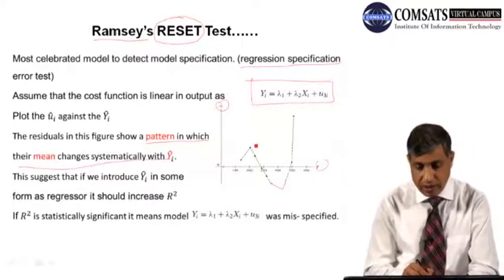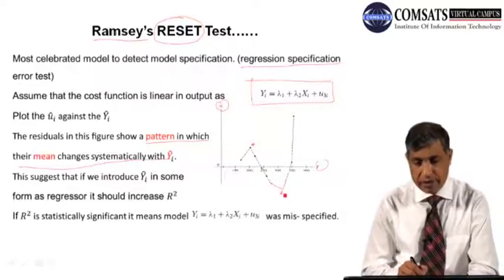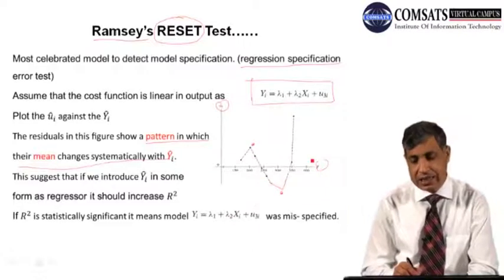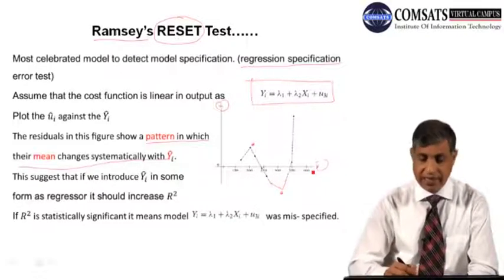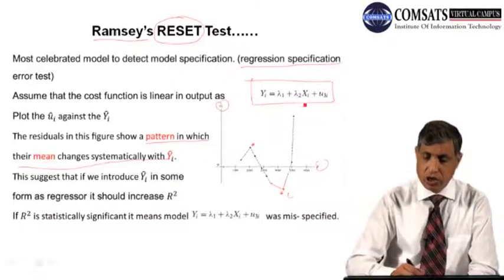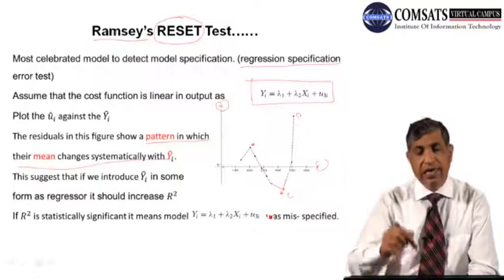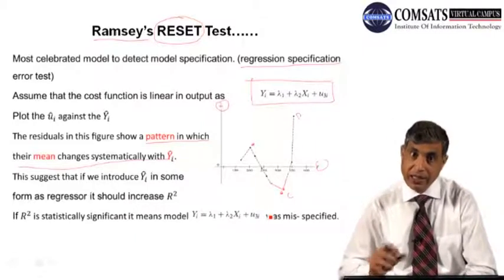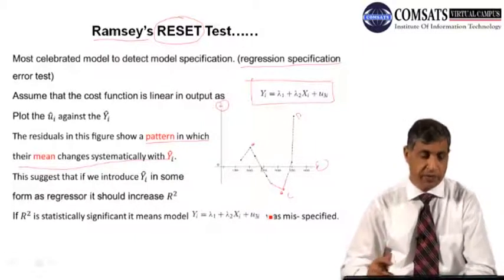From here to here, the mean value of ui hat on the vertical axis changes according to the values of yi hat, and from this point C to point D, again as the y values change, the ui hat mean also changes.